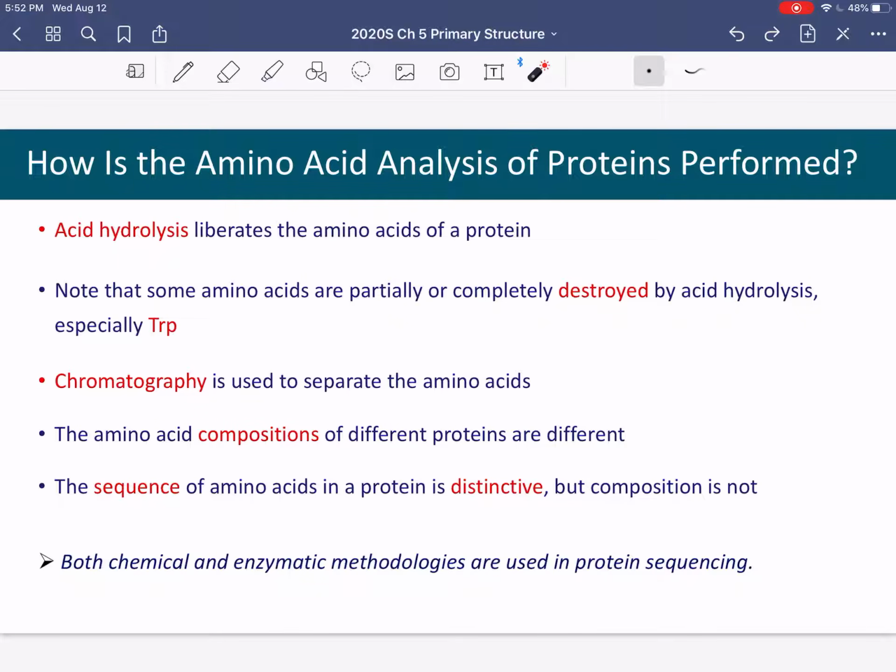What you really need is the primary structure, the order of amino acids in the sequence. And that's lost when you do acid hydrolysis, right? Composition is not sequence.